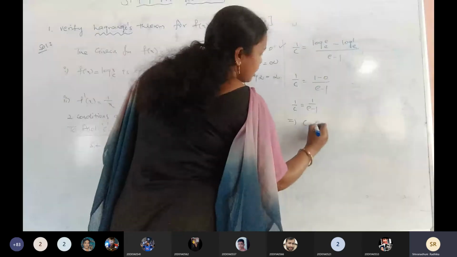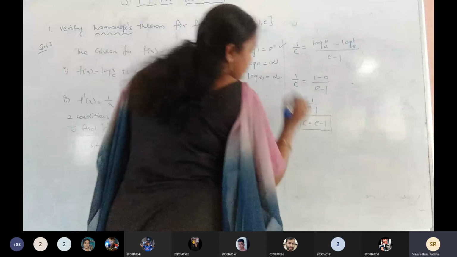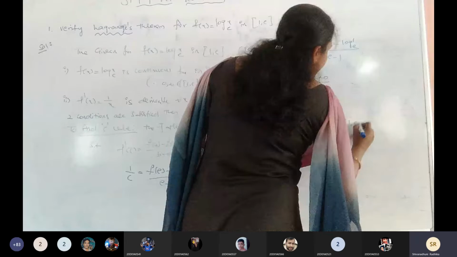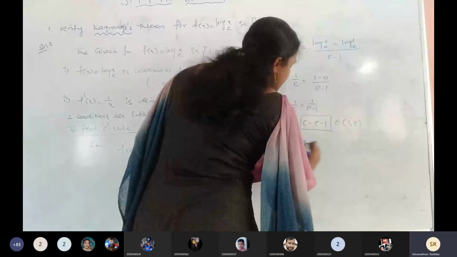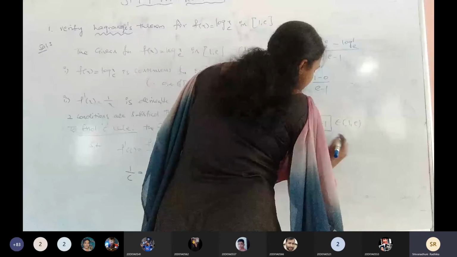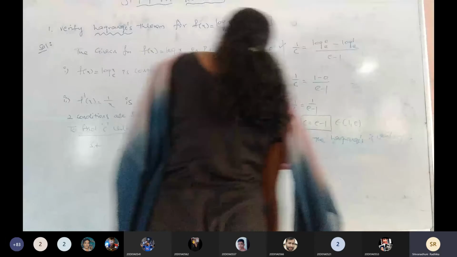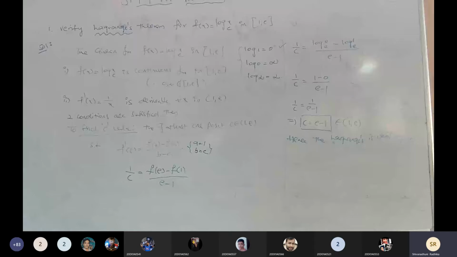Now what is c here? c equals e minus 1. That e minus 1 always belongs to the open interval (1, e). Hence, Lagrange's theorem is verified. Is it clear?